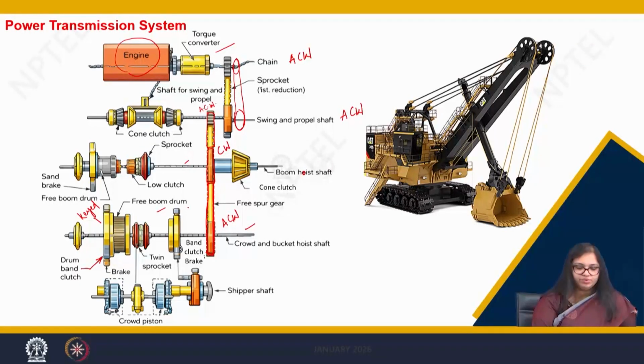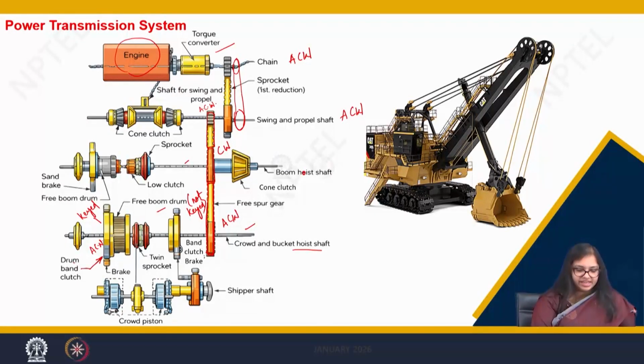However, this free boom drum is not keyed to this crowd and bucket hoist shaft. So, when my crowd and bucket hoist shaft is rotating in anti-clockwise direction, my drum band clutch is also rotating in anti-clockwise direction. Now, when I need to raise my bucket, what will I do?